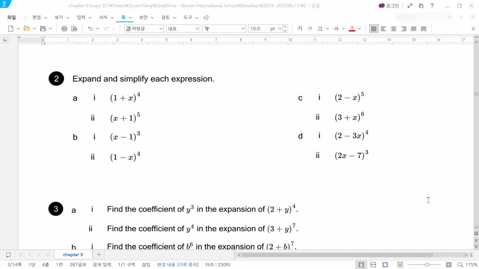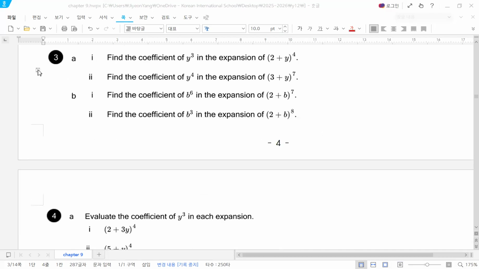Okay, students, when it comes to question number 3A1, coefficient of y cubed, here what is n? 4.